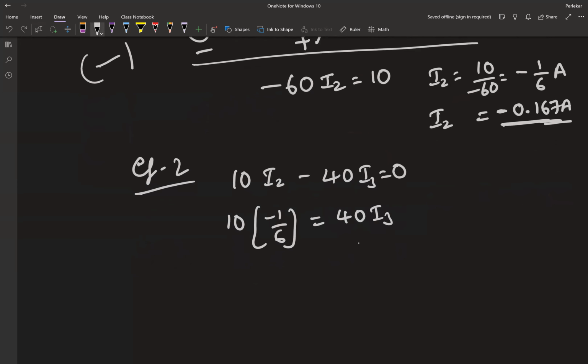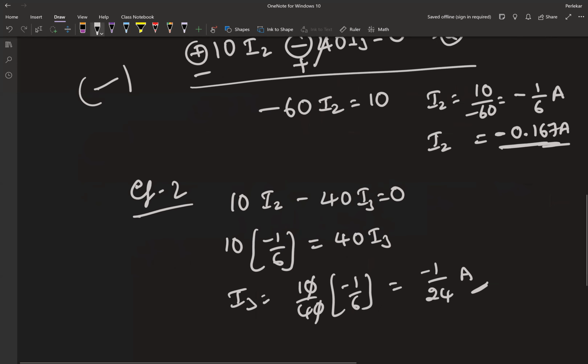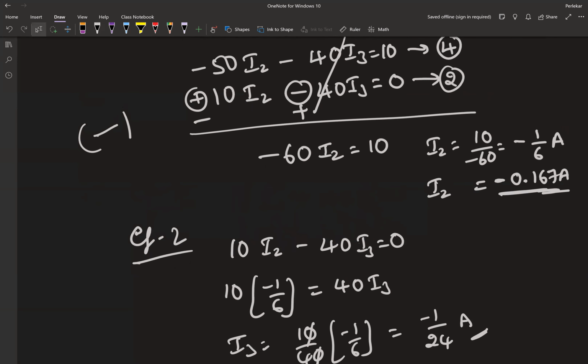So I3 must be 10 over 40 times minus 1 over 6. So minus 1 over 24 ampere. I3 is also a negative number. That indicates that our assumption is wrong. The real current is going into that branch.